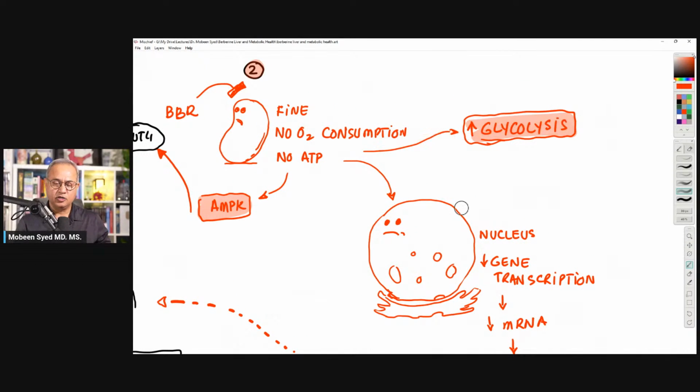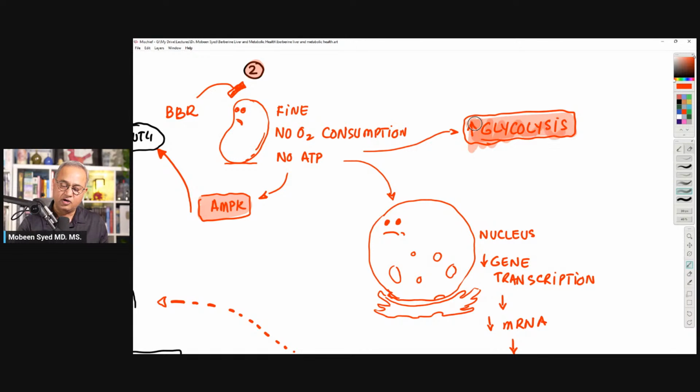The cell says, Oh my God, I have less ATP, I have less energy. I need to go and find glucose within me and break it down to make energy. The cell doesn't know that there is berberine that is interfering with the complex 1 of the mitochondria. So the cell goes and starts finding glucose molecules that are sitting in the cell, and it starts breaking them down.